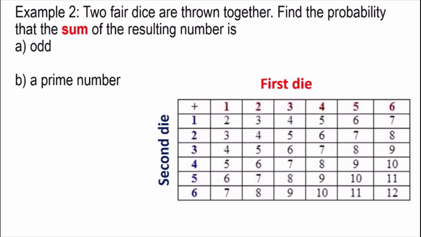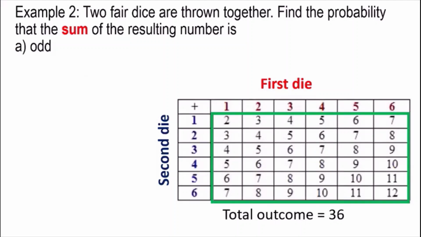First thing we always have to obtain is the total possible outcome. In this case, it is again 6 by 6, which is 36. Now let's have a look at the outcomes that are odd. By inspection, let's count.